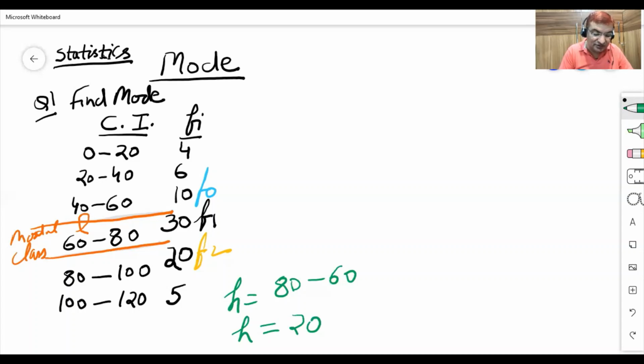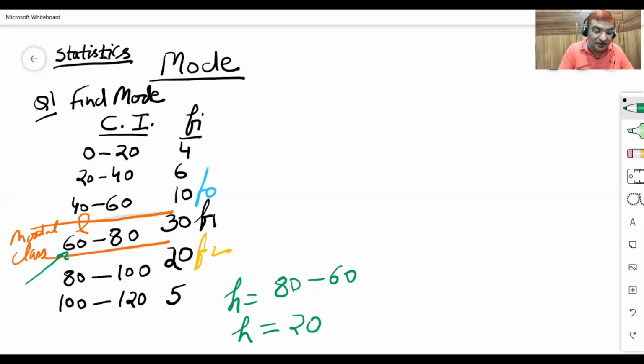Then the class interval which is just opposite to the highest frequency is called the model class. In the model class we will find 2 values. One is L, other is H. L means the lower limit, which will be 60 here, and H means the height, that is the difference of the upper limit and lower limit. Upper limit minus lower limit of the model class is known as H.